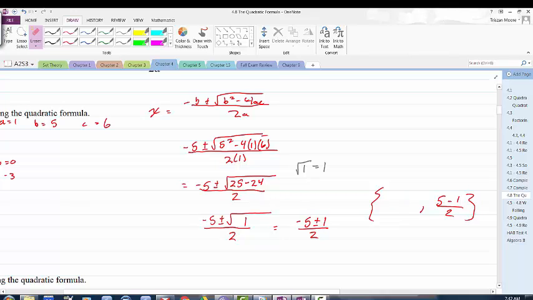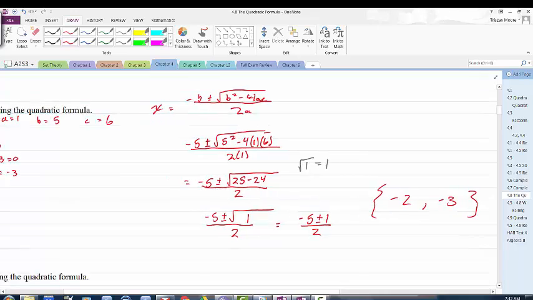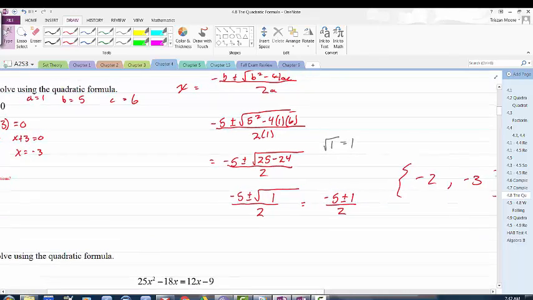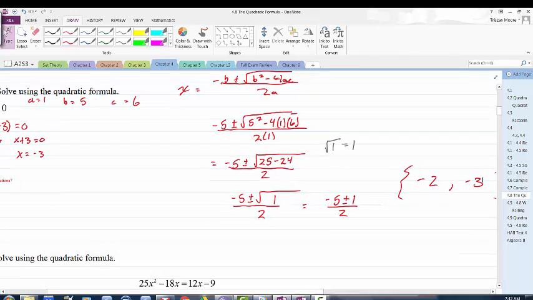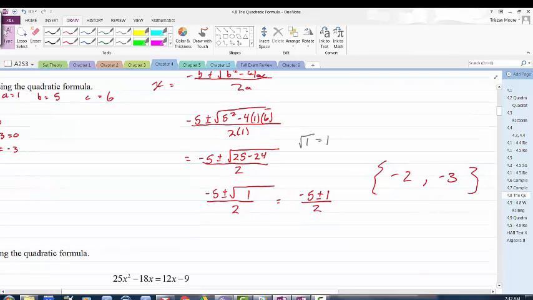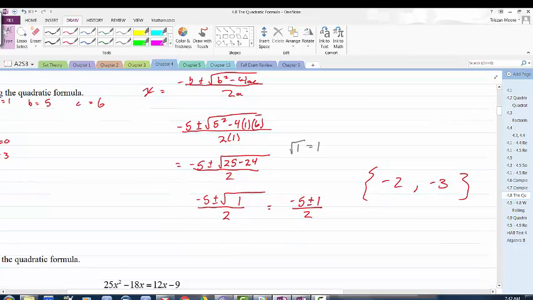All right, negative 5 plus 1 over 2, that's negative 4 over 2, that's negative 2. And negative 5 minus 1 is negative 6 over 2, which is negative 3. So you see, we actually get the exact same thing if we use the quadratic formula. That's how we can deal with the quadratic formula and still get the same answers.